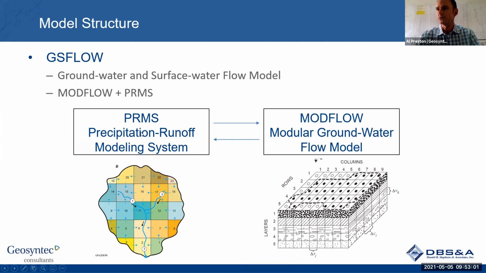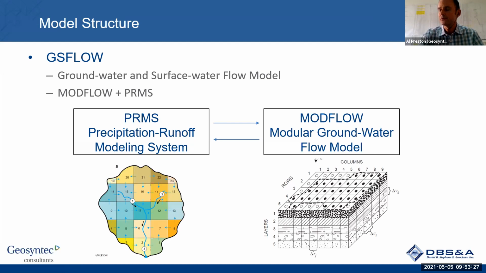So they enabled the models to exchange information as, for instance, surface water percolated through the soil into groundwater, it will give that information to MODFLOW. If then MODFLOW predicts that water can come back to the surface water, that will pass information back to PRMS. So basically it's joined two models together.